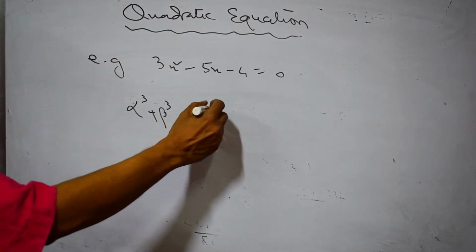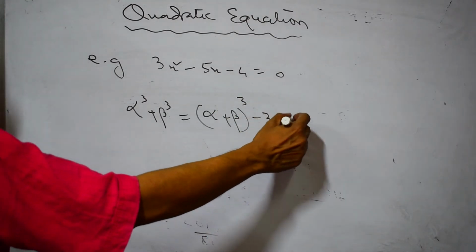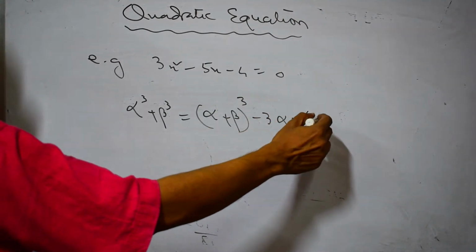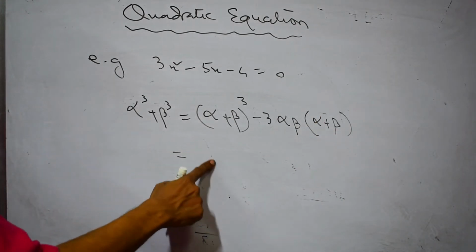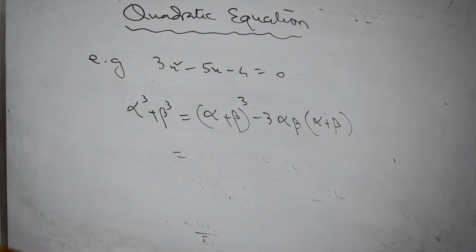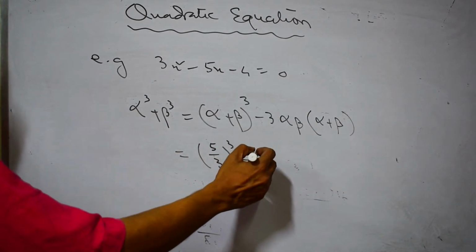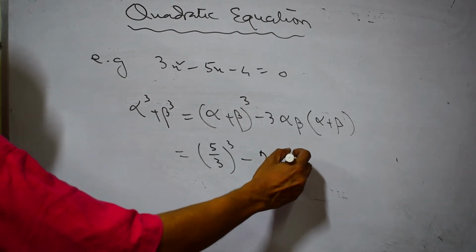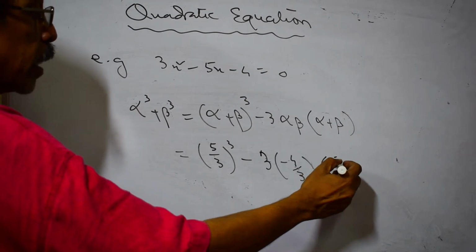We have the formula alpha plus beta whole cube minus 3 alpha beta into alpha plus beta. So we have all the ideas: alpha plus beta we have found 5 by 3 whole cube, then alpha into beta is minus 4 by 3 into alpha plus beta is plus 5 by 3.